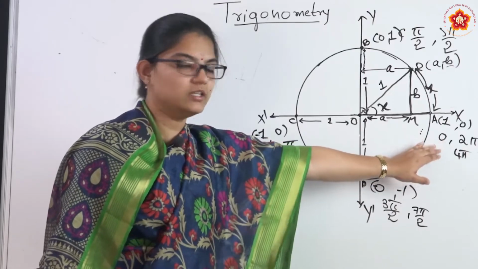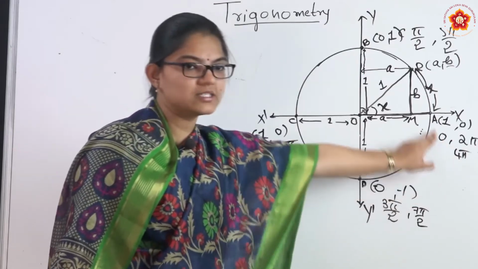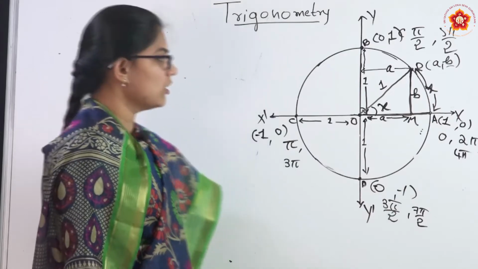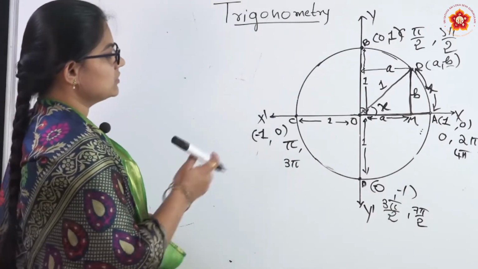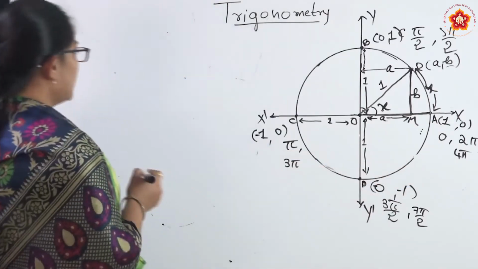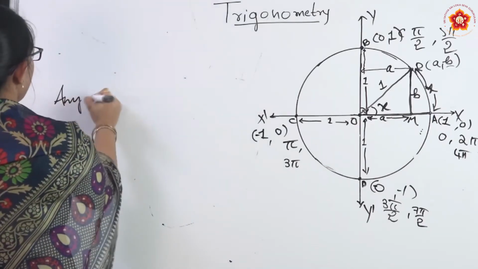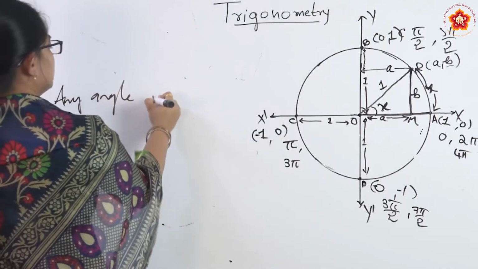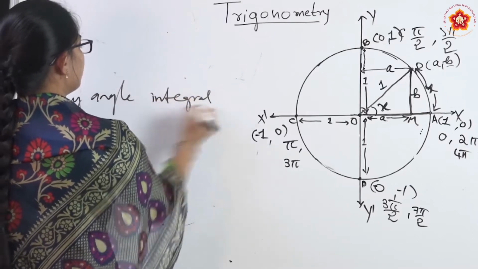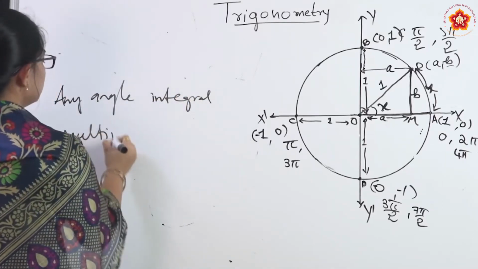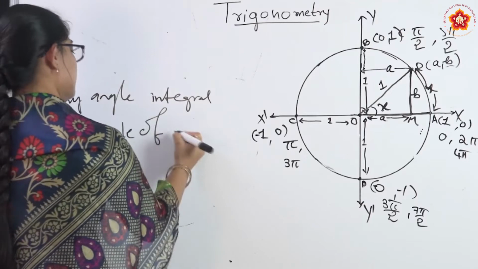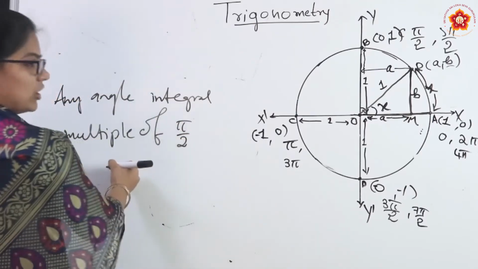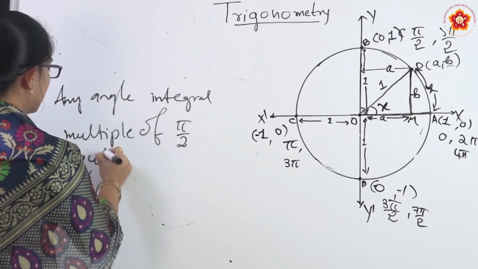Any angle which is an integral multiple of pi by 2, we call a quadrantal angle, okay.